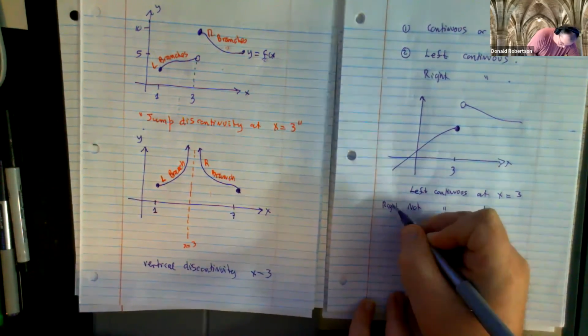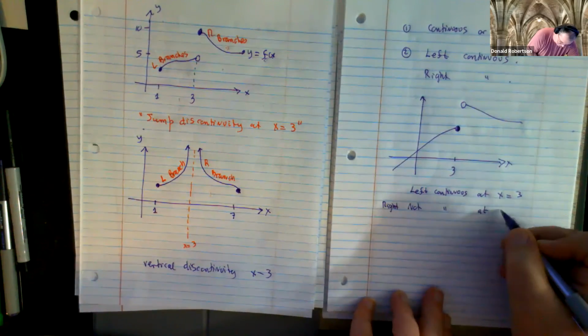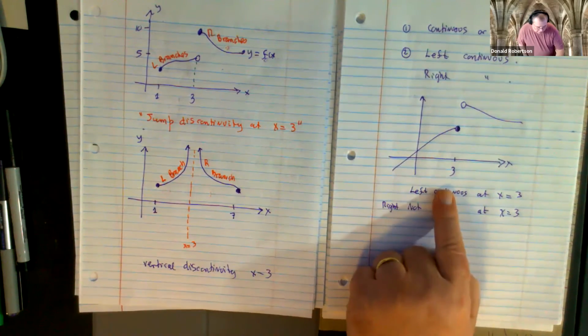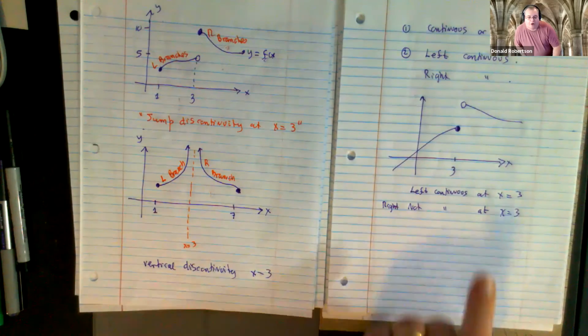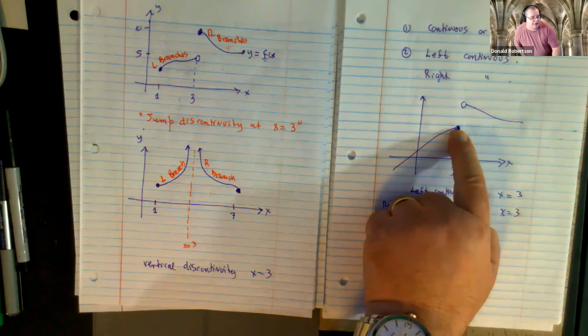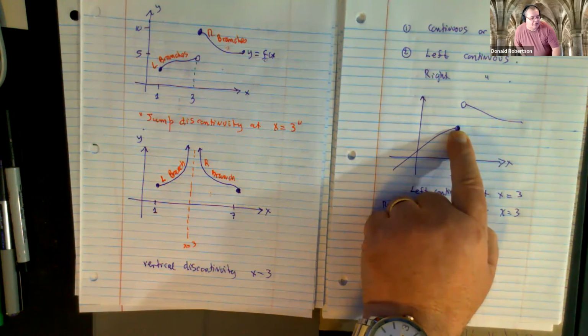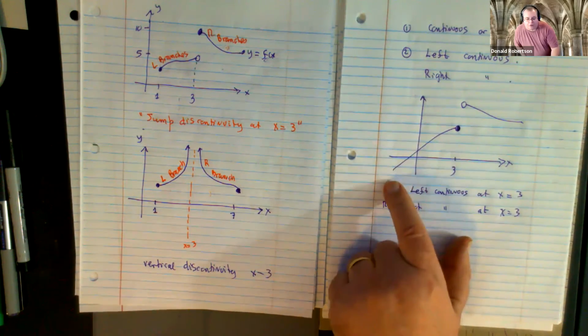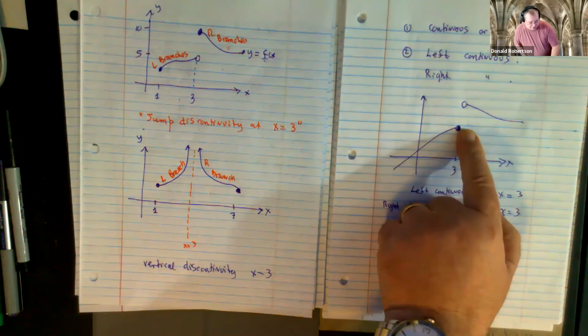It's not continuous at x equals 3. Do you notice that as you come in along this left branch, don't you reach the destination and that dot is at the end? You see that? The branch has a dot on it. If the left branch has a dot on it, it's left continuous.